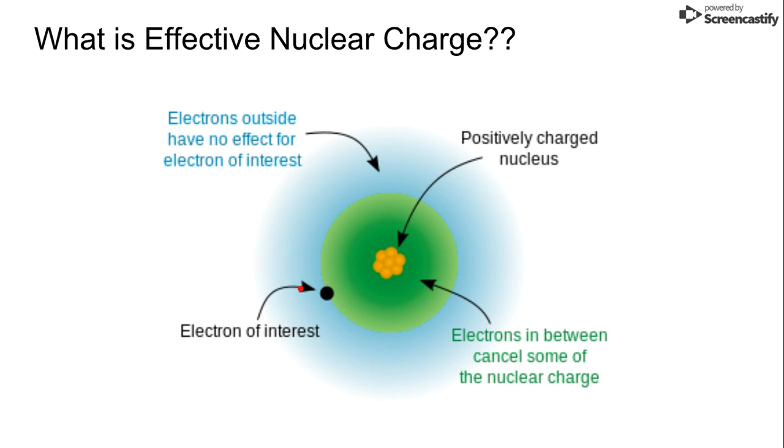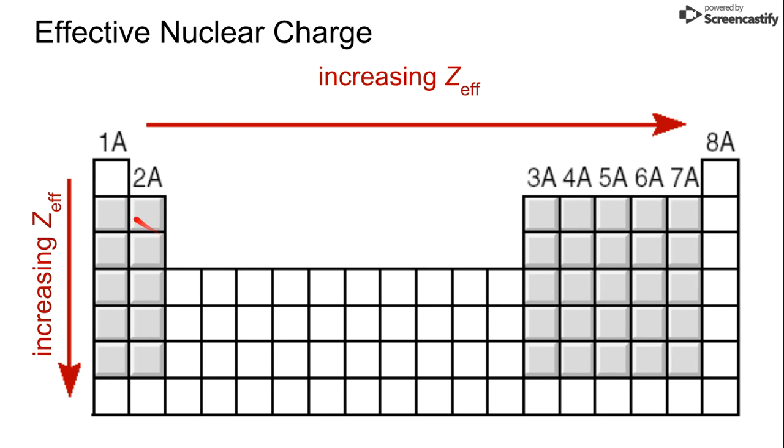And so what that means is, as you go across the periodic table from left to right, the effective nuclear charge increases. And that is because as you're moving from left to right, you are adding an electron, but that electron is going in the outermost energy level, which again, those electrons are not shielding each other.